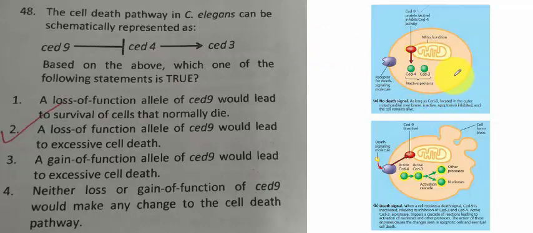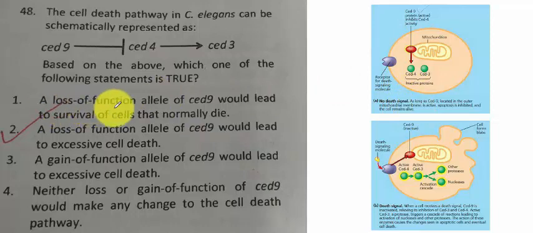So the first point is: a loss of functionality of CED9 would lead to the survival of the cells. No, it is a wrong statement, because we just discussed the CED9 function. When CED9 is present, it inactivates the CED4 and CED3 proteins, so apoptosis is inhibited and the cells are alive.